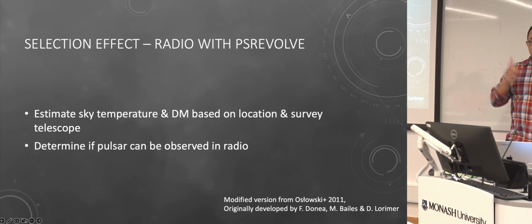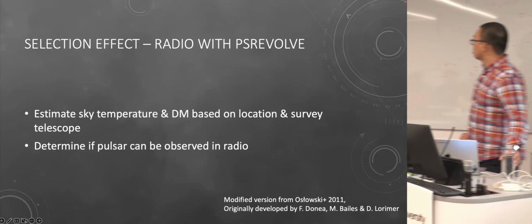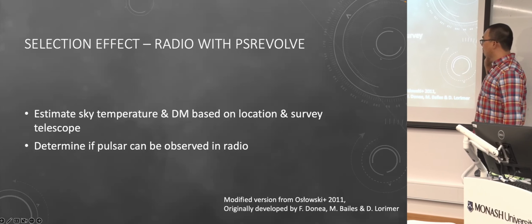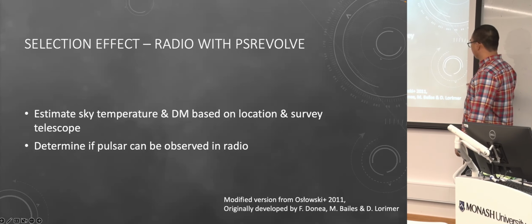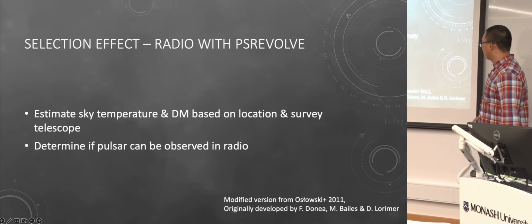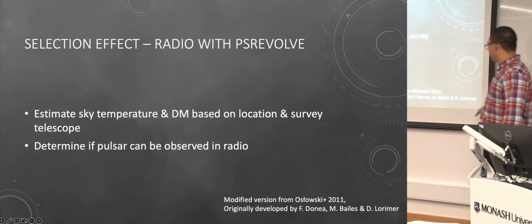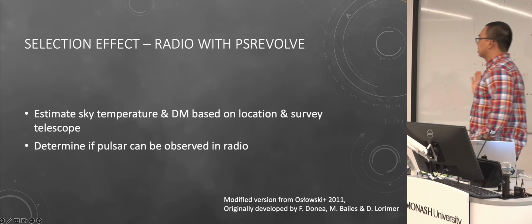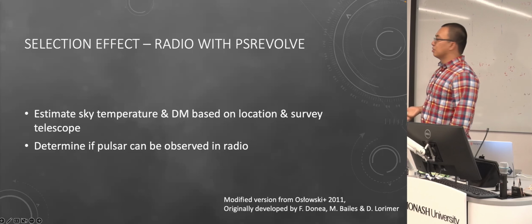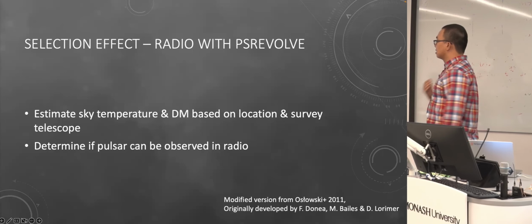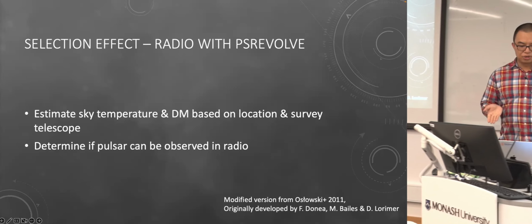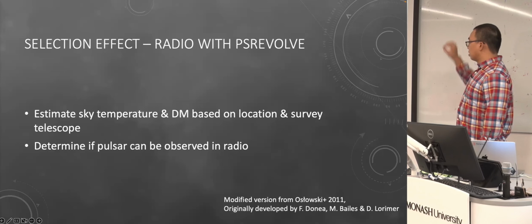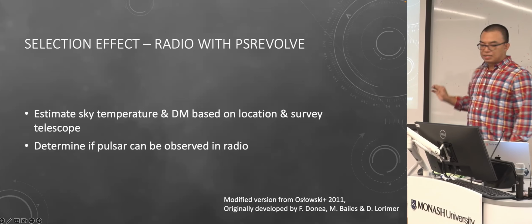We're observing radio emission from pulsars using the code called PSRevolve. The code I'm using is a modified version of Orlowski and their group from 2021, but it was originally developed by Bates and Lorimer way before that. This code takes the location we're looking at in the sky and tells us the sky temperature and the dispersion measure at that location based on the survey telescope.